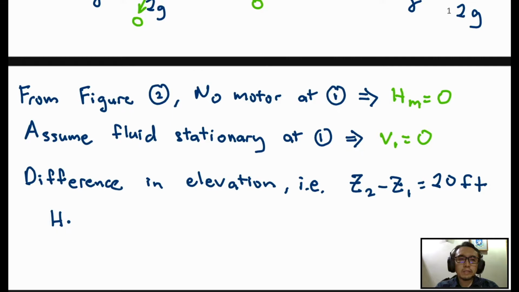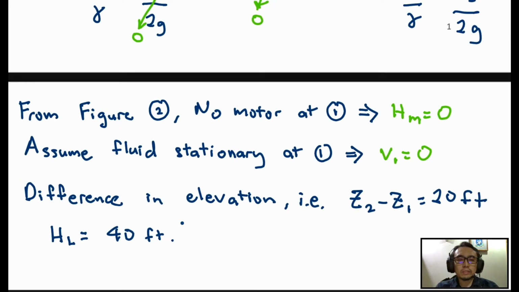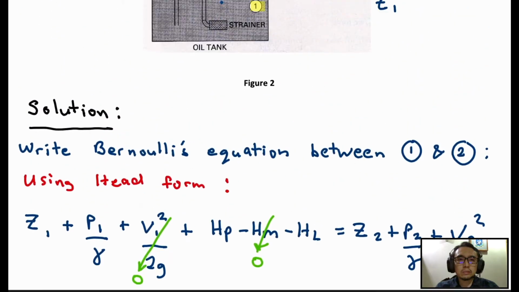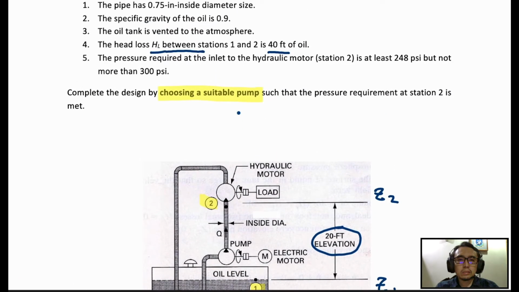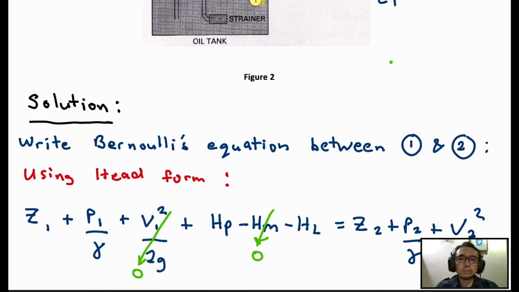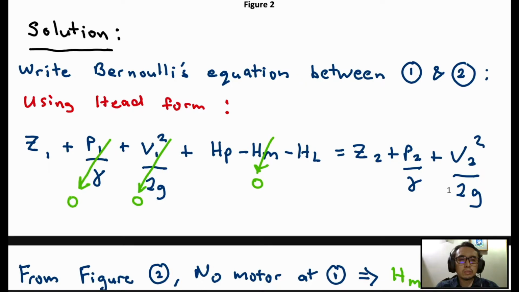It's also given that there's a head loss between station 1 and 2 due to friction equal to 40 feet, so we can write it down. The oil tank is vented to the atmosphere. That implies that the pressure at point 1 or station 1 is equal to 0. So this component is 0.